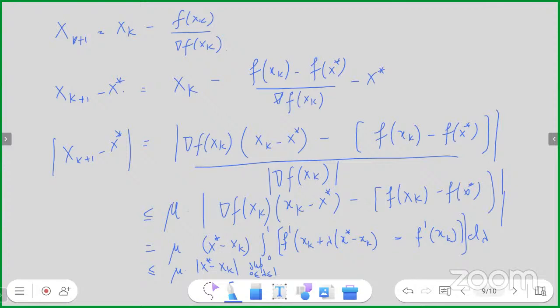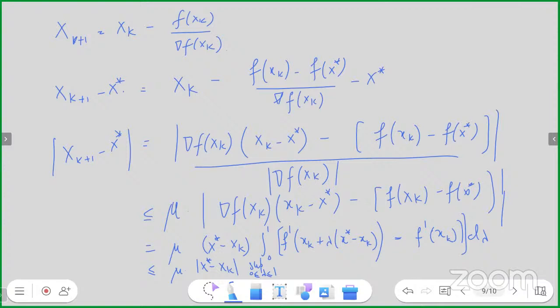And what about this quantity? Why is this less than or equal to 1? That's all you have to argue. Look at the terms inside: f prime of xk plus lambda times x star minus xk, minus f prime of xk. It should click now. Why did I insist that my points are lying in S? See, what do I want?